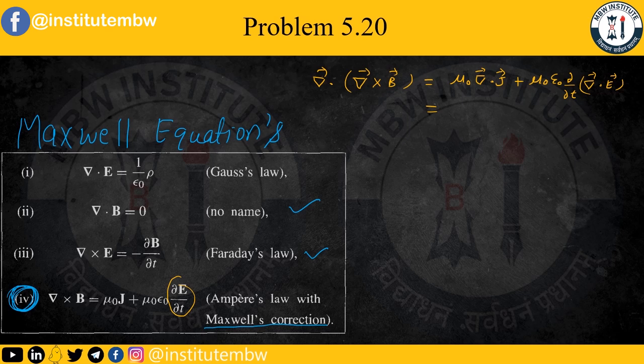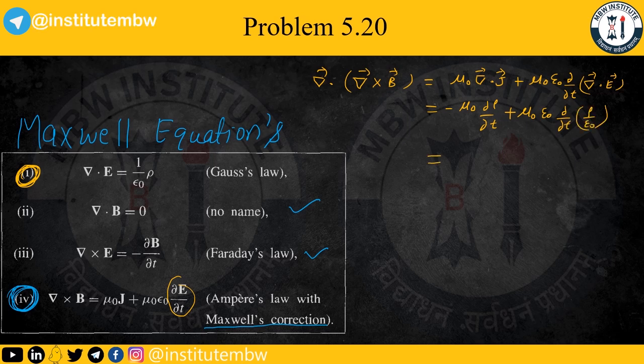In the last slide, we saw that the first term is minus mu naught del rho by del t. Now the divergence of E is from Gauss's law, the first equation, so it is rho over epsilon naught.